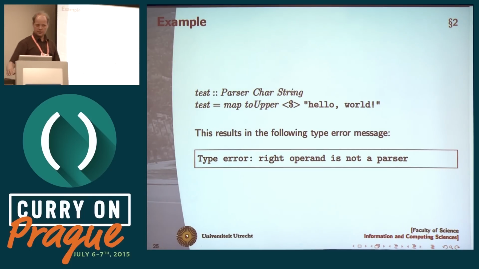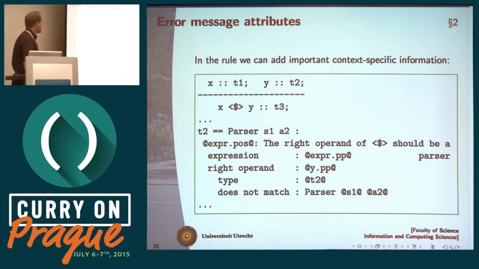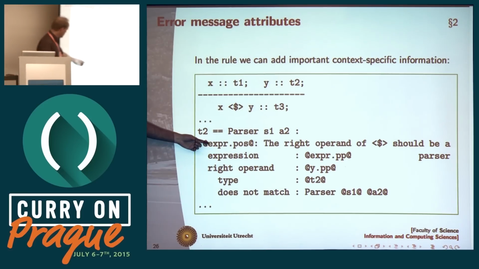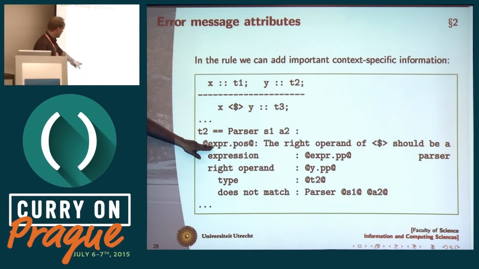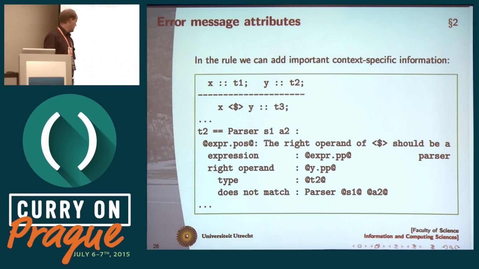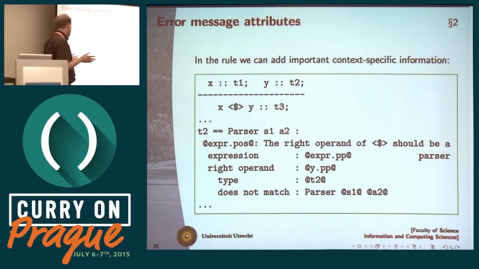Now, of course, we're missing lots of stuff, and those are what we call error message attributes. Things like the position of this whole expression in the program. So we can write that by interpolation, expr.pos. expr.pp over there, that's the pretty printed version of the expression. expr.tp would be, for example, the type.